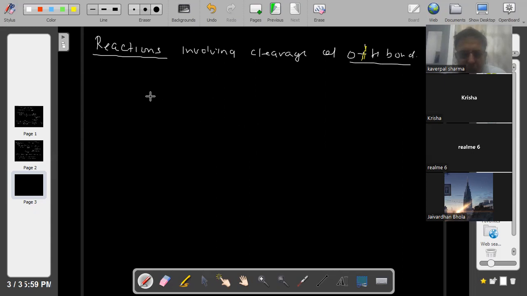So primary alcohols react easily, secondary alcohols next, then tertiary alcohols the least.